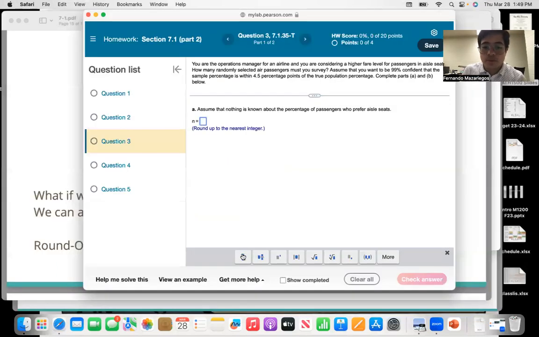Here, we want to first find the critical value, square it, multiply by 0.25, because that is p hat times q hat, 0.5 times 0.5 equals 0.25, and divide by the square of the margin of error.